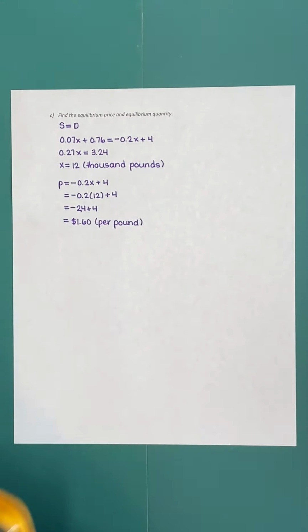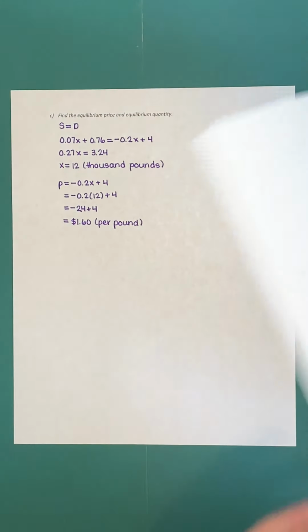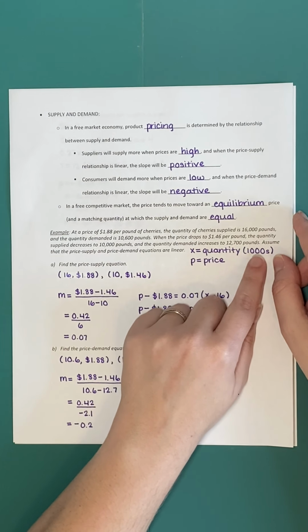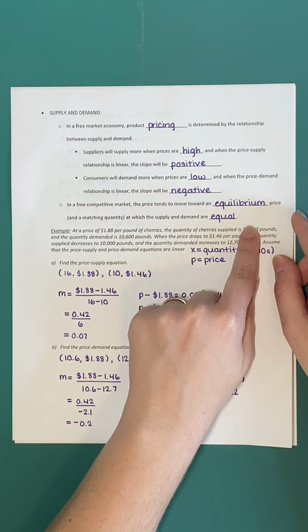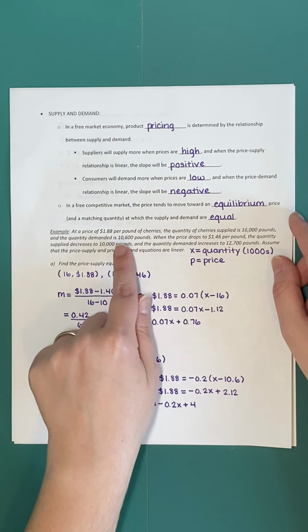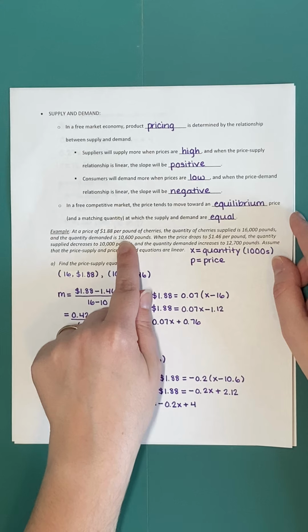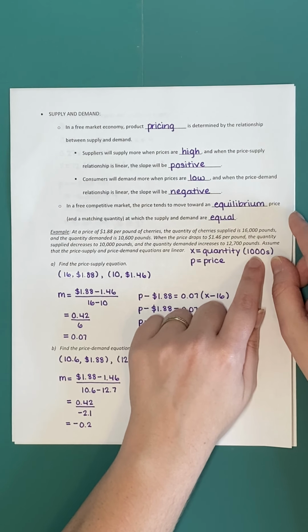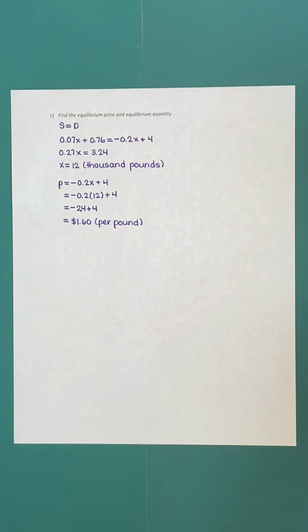Now be careful though, because we're in the context of a real problem. What did x represent? X represented the quantity, but it was in thousands. We noticed that all the poundage was in thousands. So rather than writing 16,000, 10,600, we shortened the numbers and represented them in terms of thousands for our units.